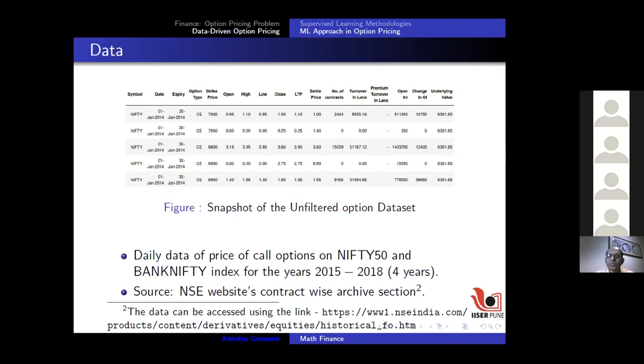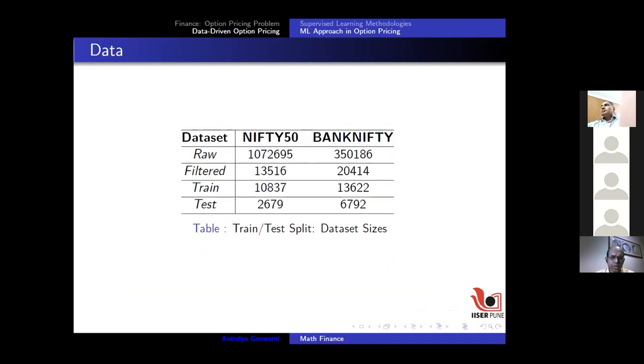For this reason, one should consider only those data which are reliable. That means those contracts have been traded a sufficient number of times, or many people are interested, so the price at which that contract was traded can be regarded as a fair price. So removing these zero-volume entries is important.